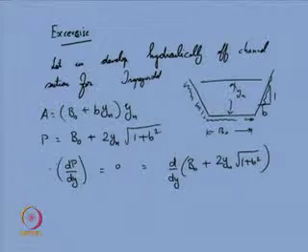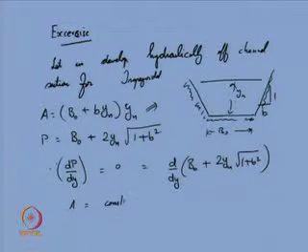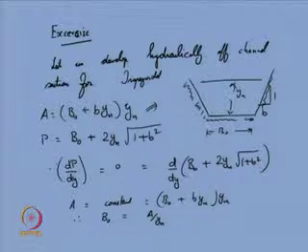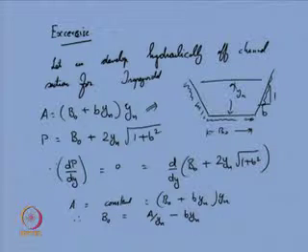Now, what is B0? You already know from this particular equation that the area of cross section is equal to constant, therefore, B0 is equal to A by yn minus B yn.